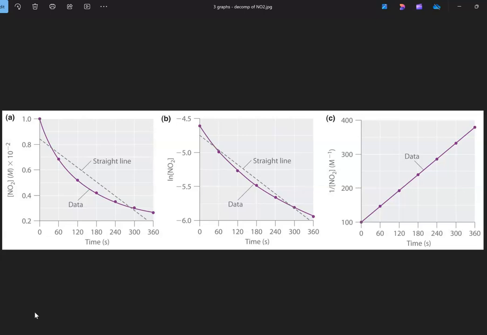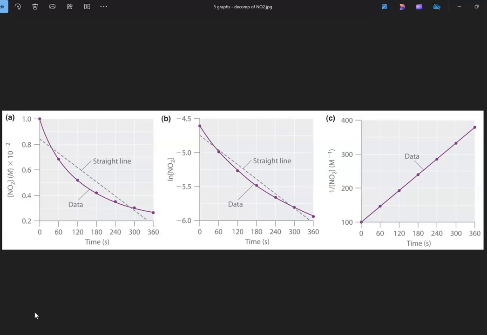Finally, we plotted the inverse of the concentration of NO2 that we tracked, that inverse of the concentration versus time. And we notice that that is a straight line. So what we know now is that because the graph of the inverse of the concentration of NO2 versus time was linear, we could identify this decomposition of NO2 reaction as second order with respect to NO2.